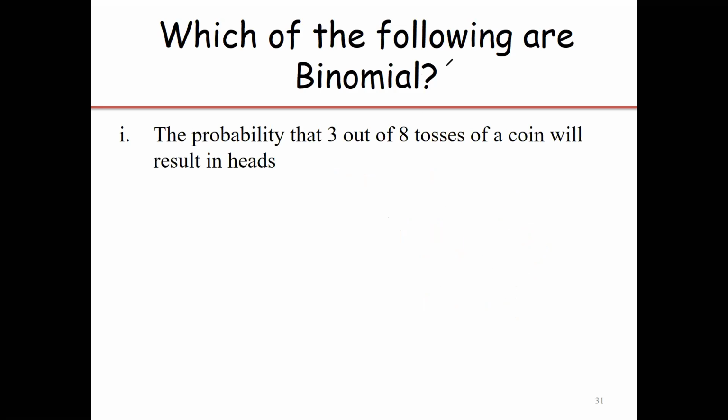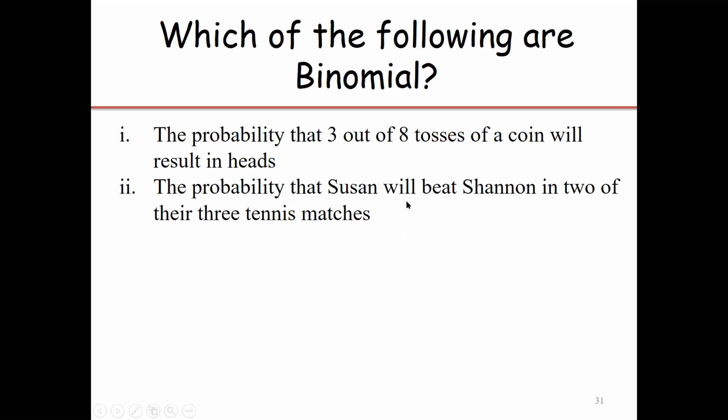Now, the probability that Susan will beat Shannon in 2 of the 3 tennis matches. So there are success and failure. The success of Susan is the failure of Shannon, and the success of Shannon will be the defeat of Susan. We are interested in 2 of the 3 tennis matches, which means n is 3, and we are interested in 2, so x is 2.